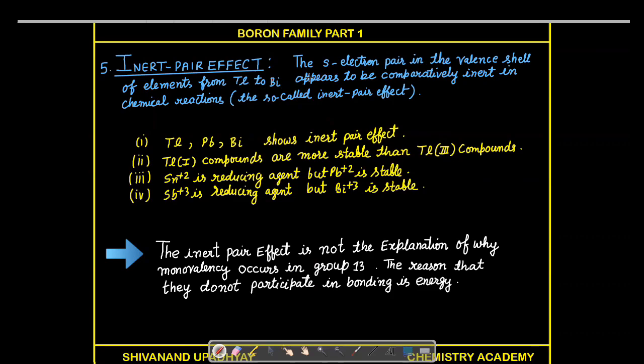So when we write the electronic configuration, in general we can write ns2 np^x, where x is variable. In the boron family that will be 1, in carbon that will be 2, in nitrogen that will be 3. So in the outermost shell, these ns electrons will not participate, so they behave like inert.